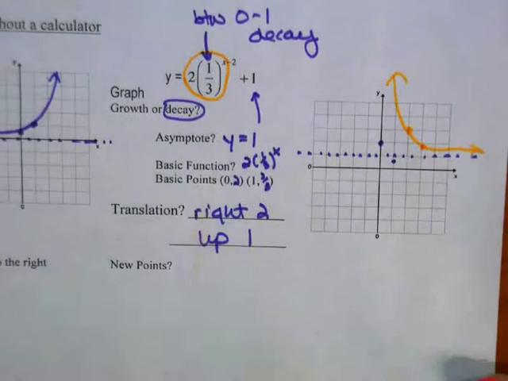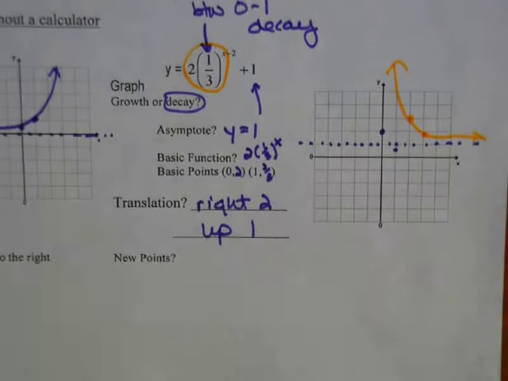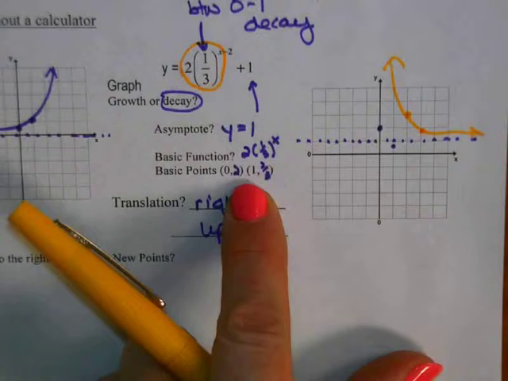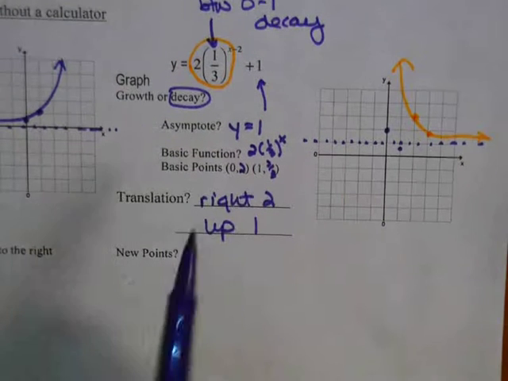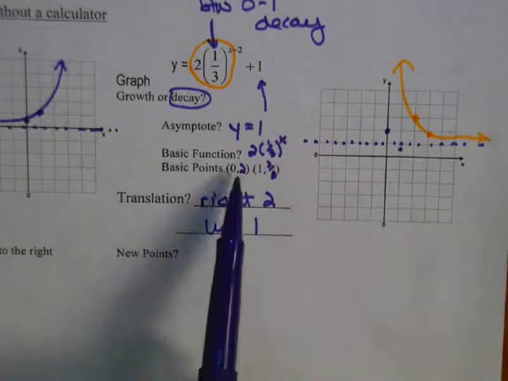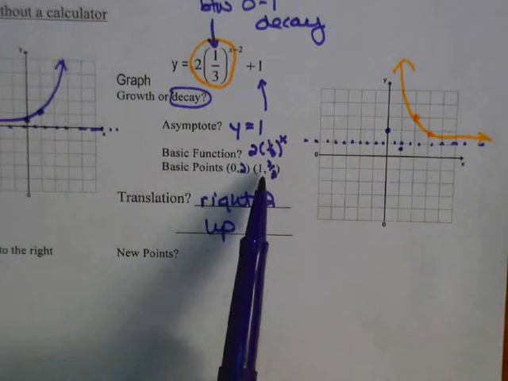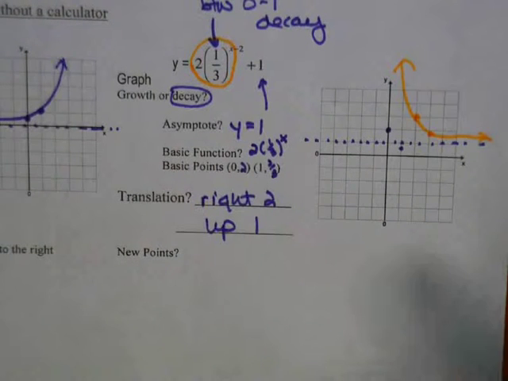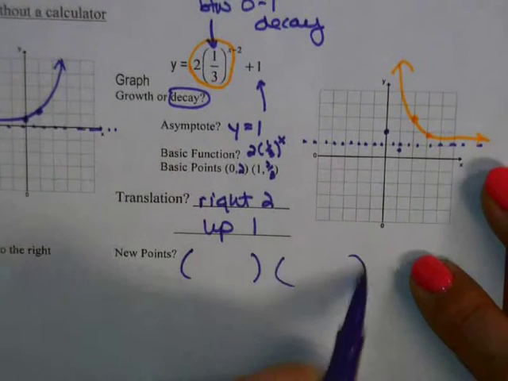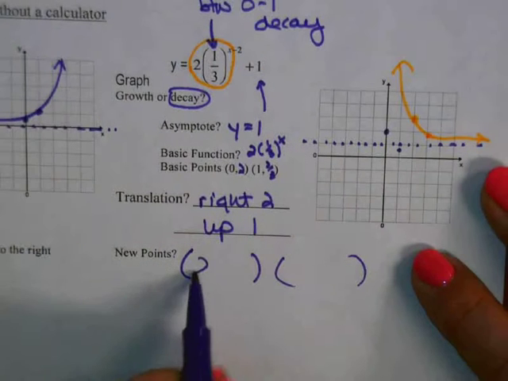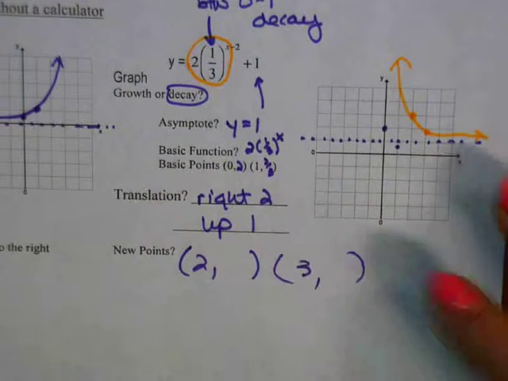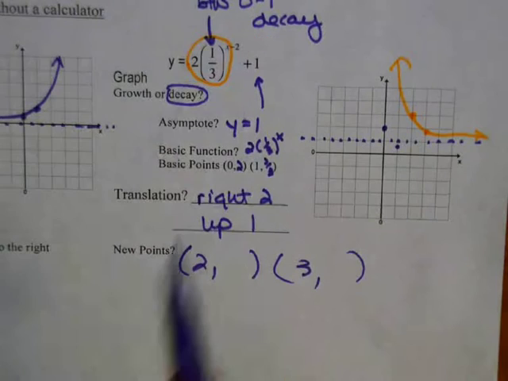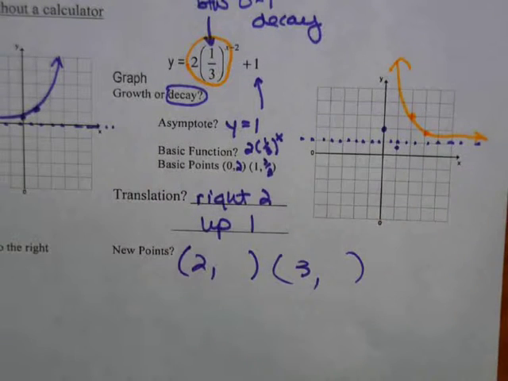Now, we can also come up with those new points. If we don't feel like plotting these, you can just say to yourself, okay, if it goes right 2, that means I have to add 2 to my x coordinates, correct? Because that's what this causes, right? Add 2 to your x coordinates.